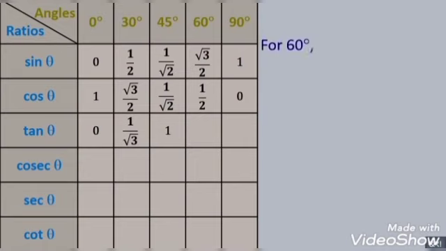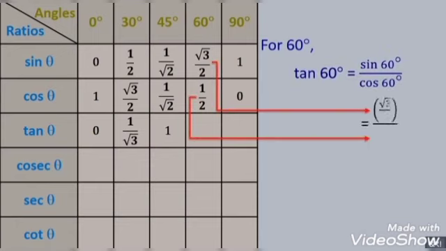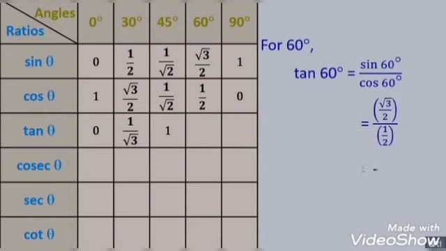Now for 60, tan 60 degree is equal to sin 60 degree by cos 60 degree. Their values are root 3 by 2 by 1 by 2. We simplify as root 3 by 2 into 2 by 1. The 2 gets cancelled and the answer is root 3.